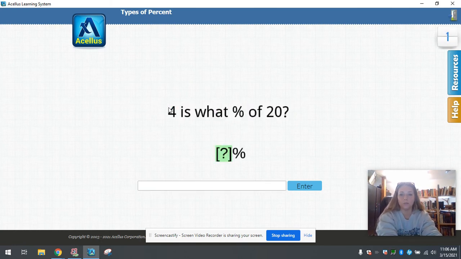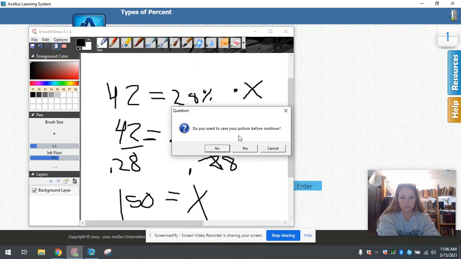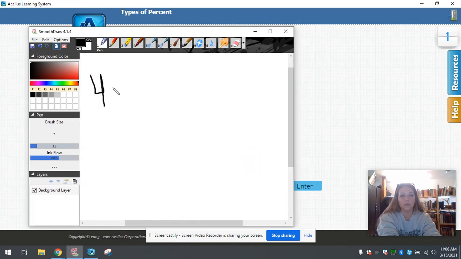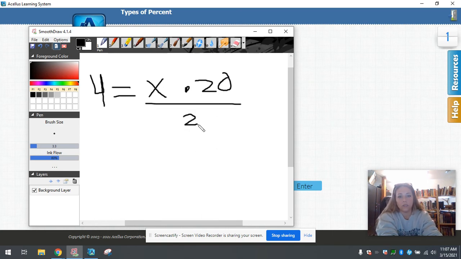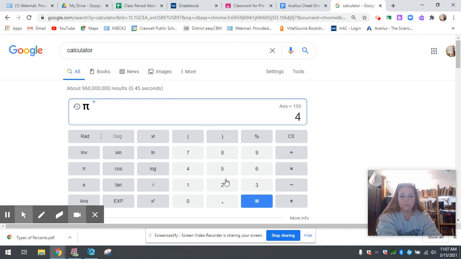4 is what percent of 20? Divide by 20 to get the variable by itself. X equals 4 divided by 20. I get 0.2.